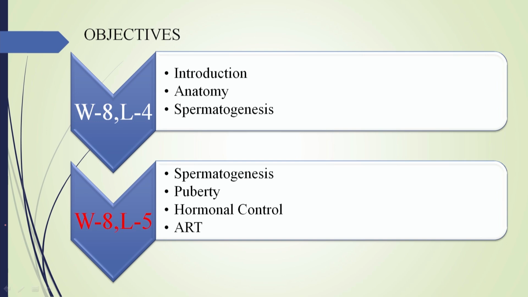The session is designed to provide you with a comprehensive understanding of the biological processes underpinning male reproduction and their physiological significance. I encourage active participation and inquiry to make this learning experience engaging and enriching. Let's embark on this educational journey together to explore the intricacies of male reproductive physiology.